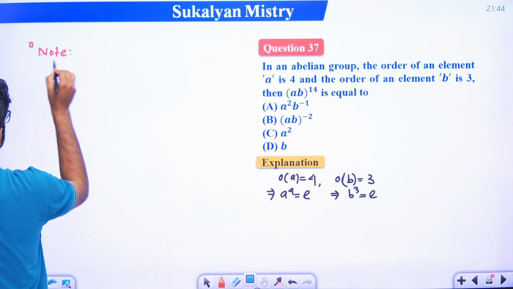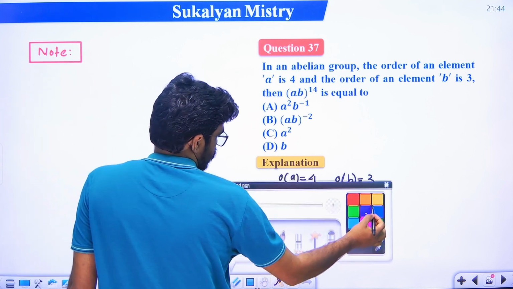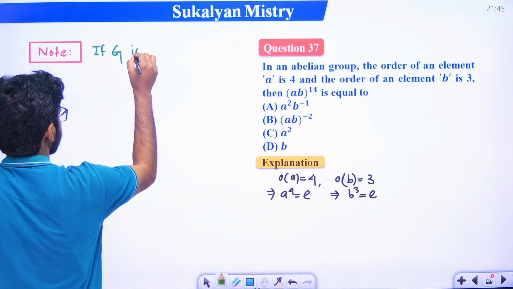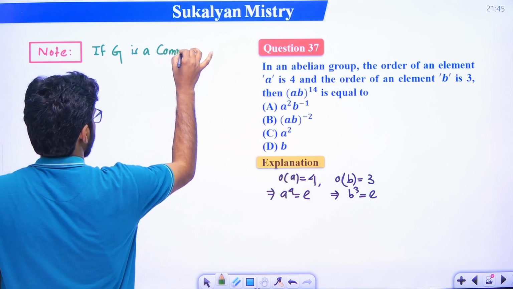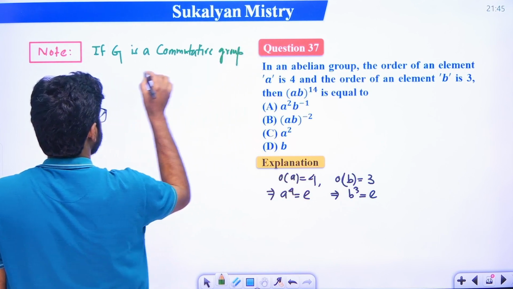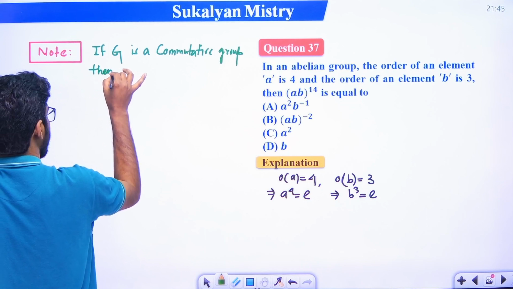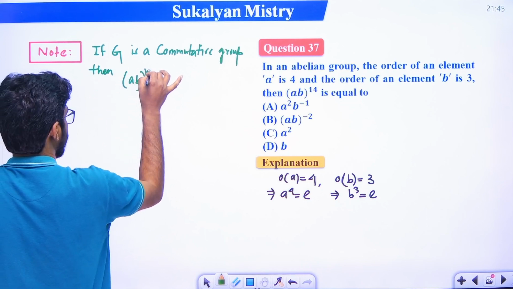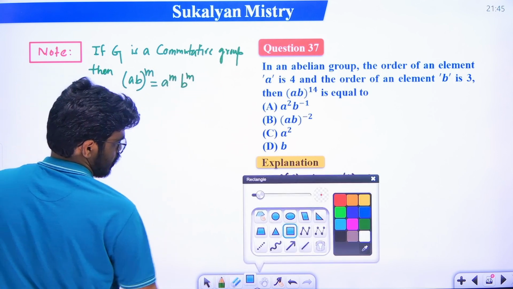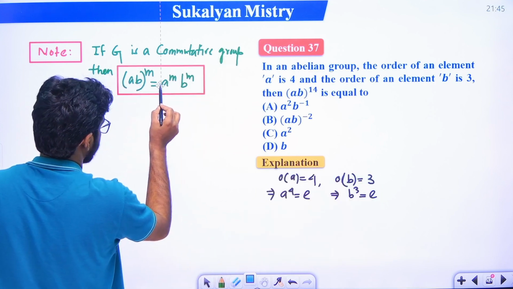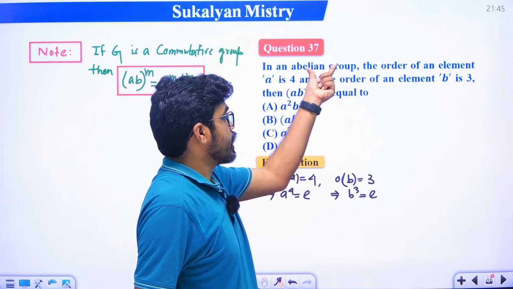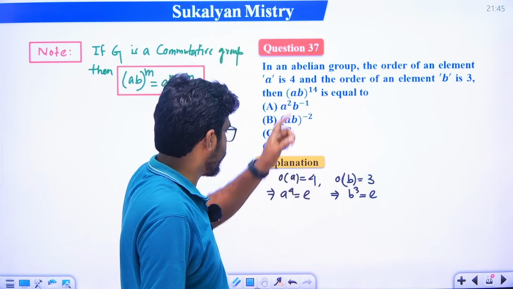If G is a commutative group, that is an abelian group, then AB to the power M will be A to the power M, B to the power M. That's why it is given in an abelian group. So we have to find AB whole to the power 14.